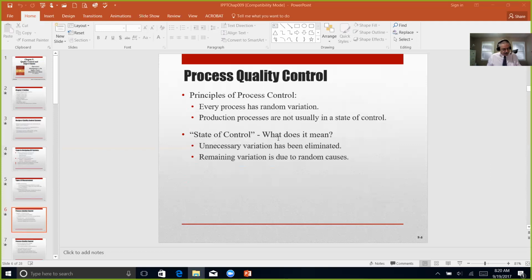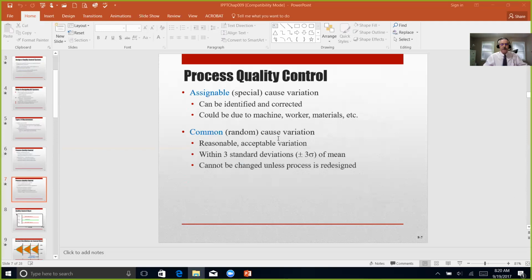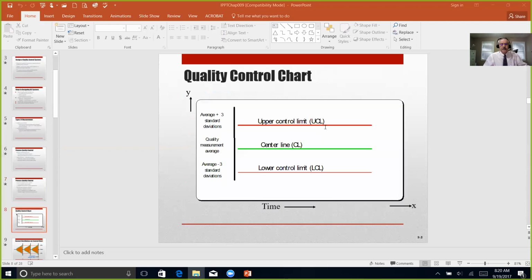You can see that over on figure 9.1 on page 194, with the 3 standard deviations of the upper control limit, the center line, and the lower control limit.